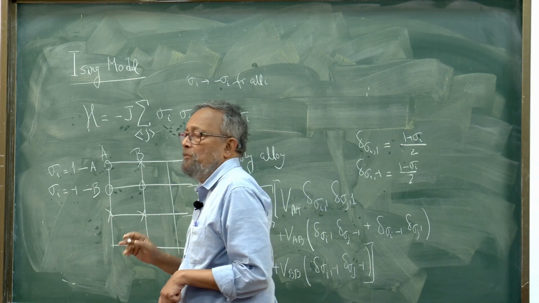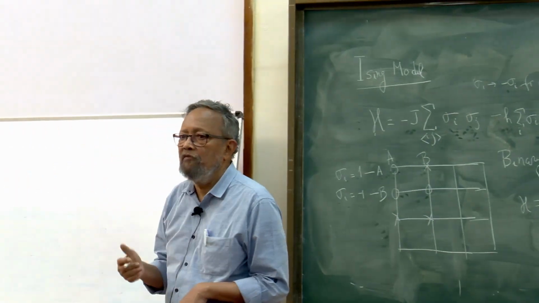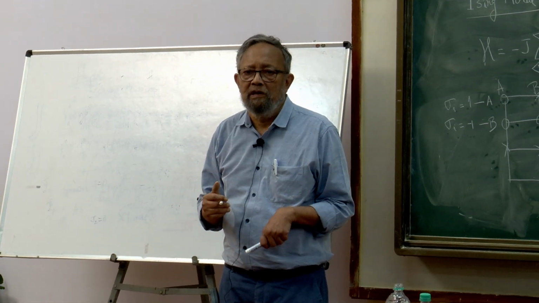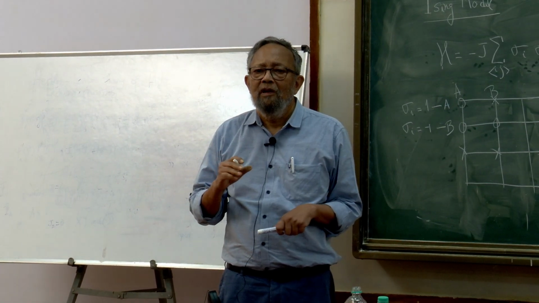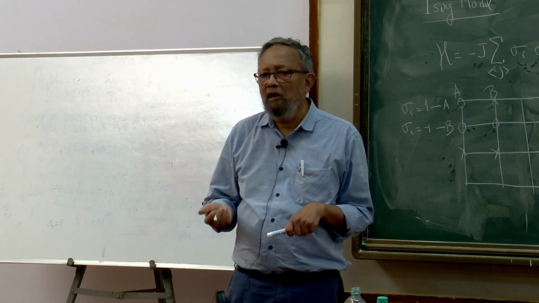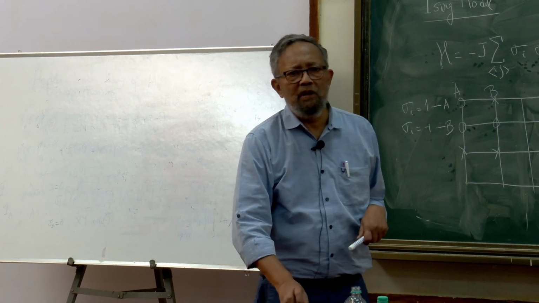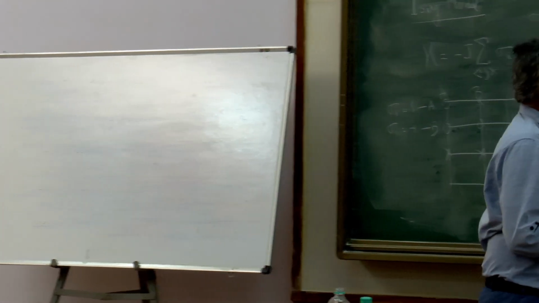So the symmetry of this Hamiltonian is that it's invariant under a global spin flip. That will change the signs of all the spins, but the energy doesn't change. So if we have a ground state, it has to be doubly degenerate, because whatever ground state you say, if we flip all the spins, it will again remain a ground state. You can easily see that all of them plus 1, all of them minus 1, have the same energy. So we start with the ground state.